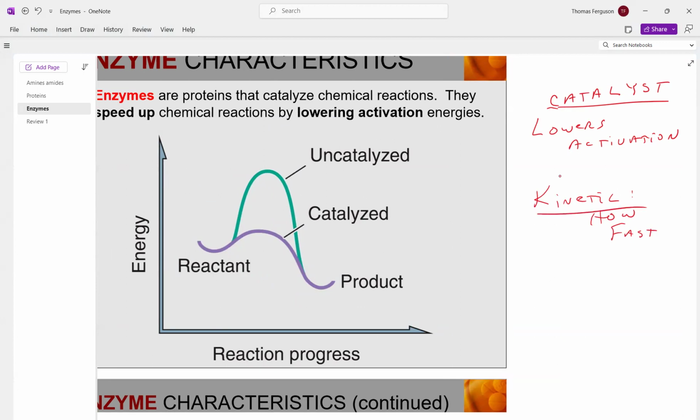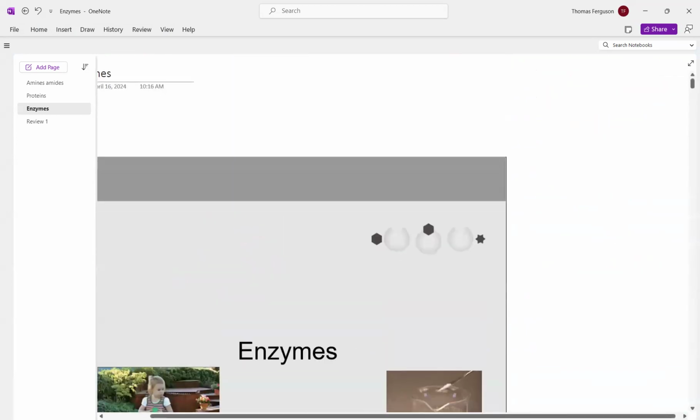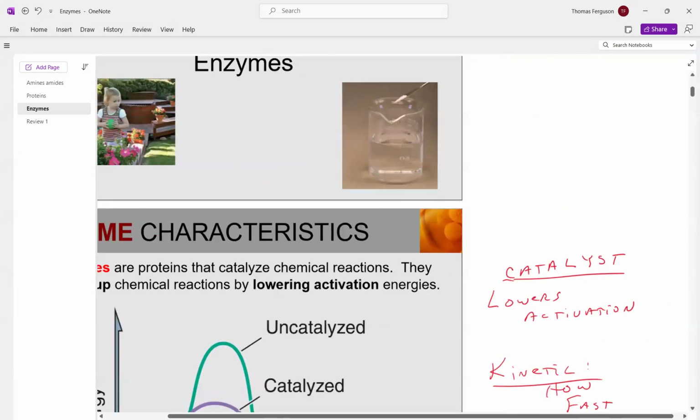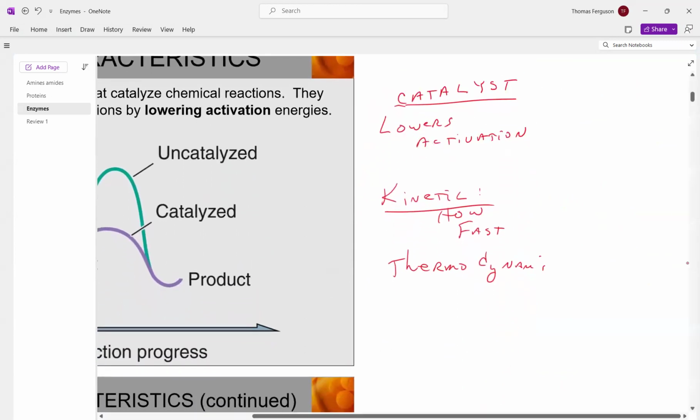And also a thermodynamic consideration, whether it's favored or not.